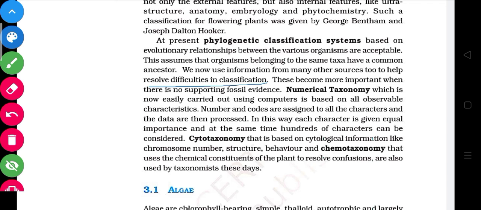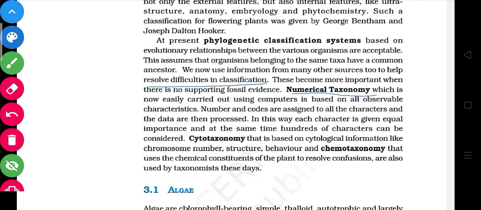Okay, now let's read this. These become more important when there is no supporting fossil evidence. When there is no supporting fossil evidence, it is very difficult to find phylogenetic relationships and common ancestors. So what do we do? We go to other sources to help our system of classification.